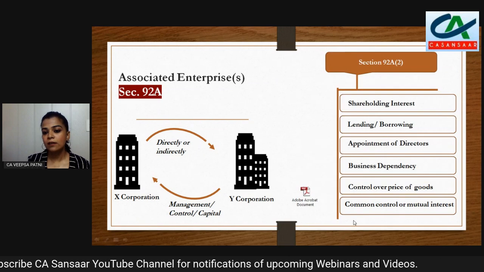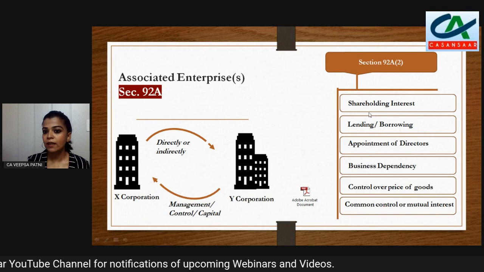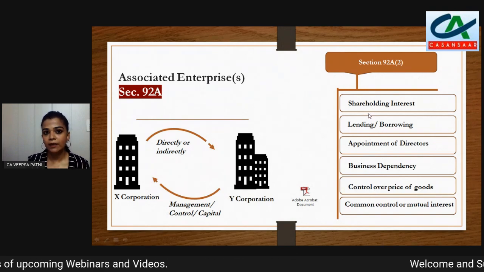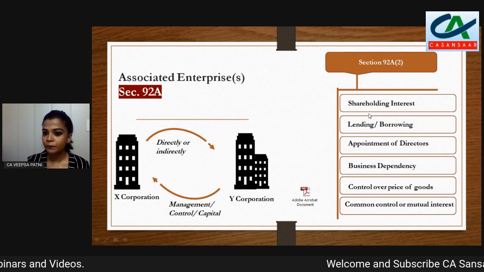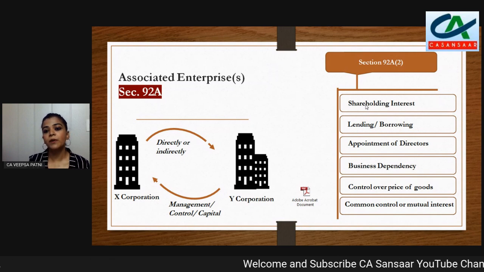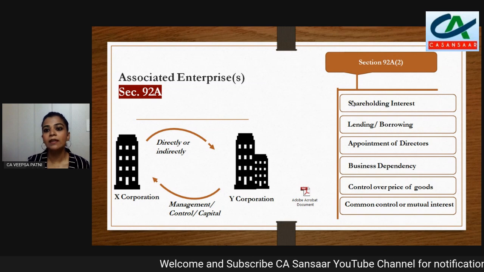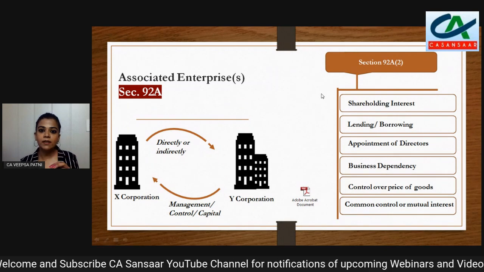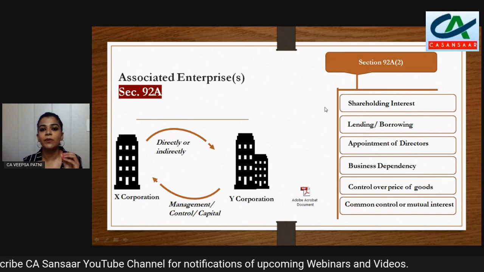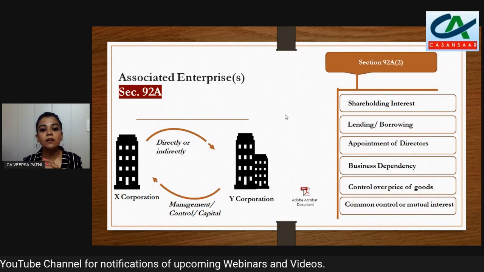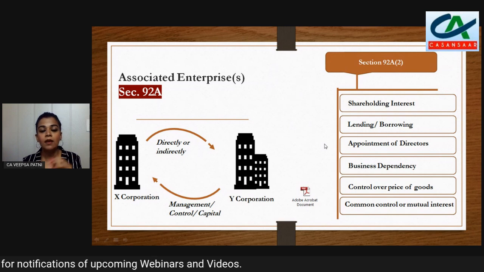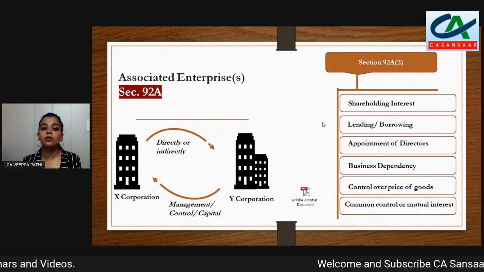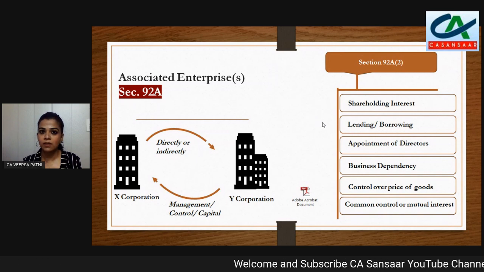These are the 6 major heads under which we can divide the parameters defined in section 92A2. Shareholding interest: there's a particular percentage mentioned in this section, which says that if 26% or more shareholding is held by one enterprise in another enterprise, then those enterprises would be associated enterprises.